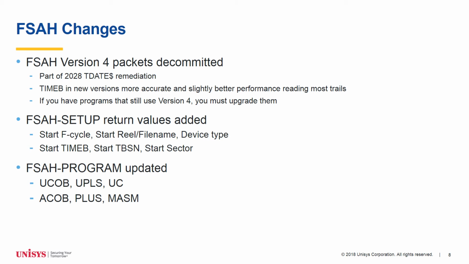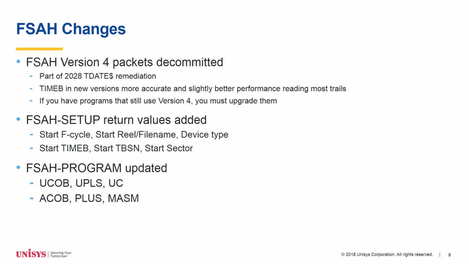Using the TDate timestamps for input and output required conversions when accessing these newer audit trails. To improve processing for newer audit trails and complete the IRU 2028 TDate remediation, we no longer support TDate timestamps in the FSA packets. If you have FSA utilities that use version 4 packets, you'll have to revise your code to use the current versions before installing IRU Mode FSA.